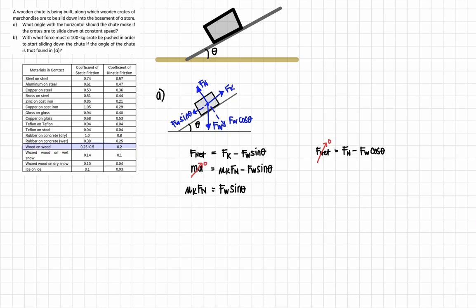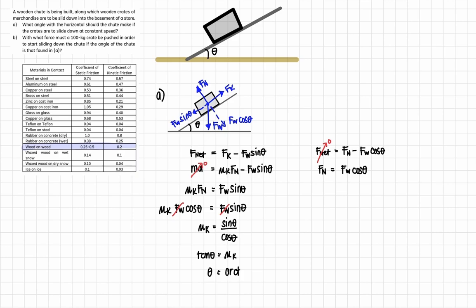There is no movement along that plane. So Fn is equal to Fw cosine of theta. So we can just substitute that. So mu k Fn is Fw cosine of theta equals Fw sine of theta. Cancel Fw, mu k equals sine theta over cosine theta. Sine over cosine is tangent, so tangent theta equals mu k, just like what we solved earlier.